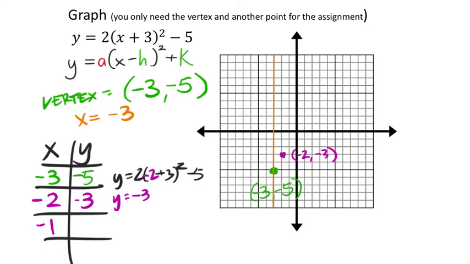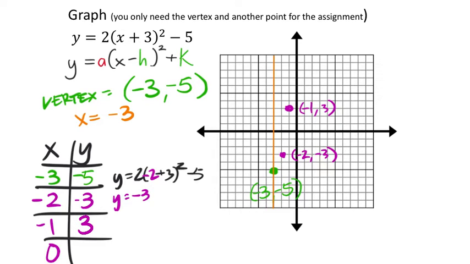I'm just using the storage function of the calculator so I don't have to type in 2 parentheses x plus 3 parentheses squared minus 5 all the time. But I got a +3 on that. So again, that's an ordered pair, -1, 3, which is up here, like this.